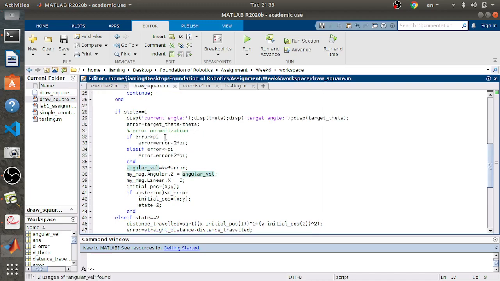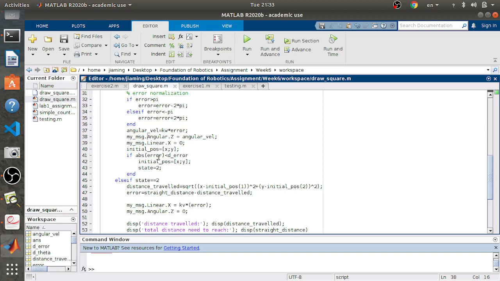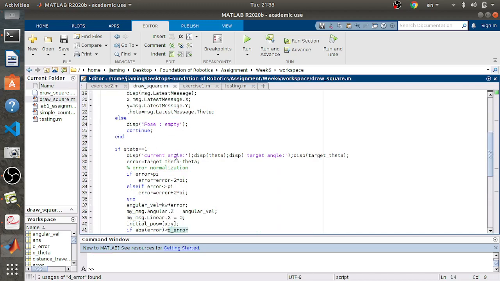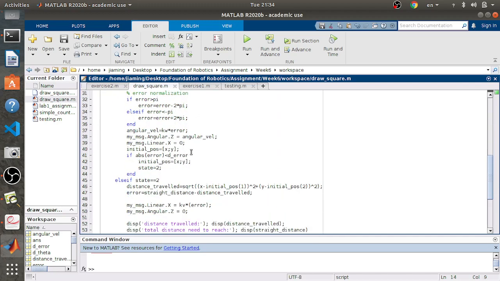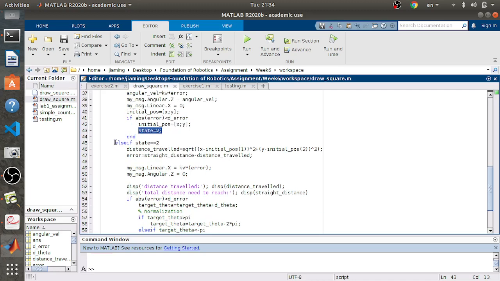And the angular velocity is proportional to the error, and if the error is less than D error, which means that it's less than 0.0001, then the position of x and y will be encoded, and the state will become 2, which means that it will start the linear motion.